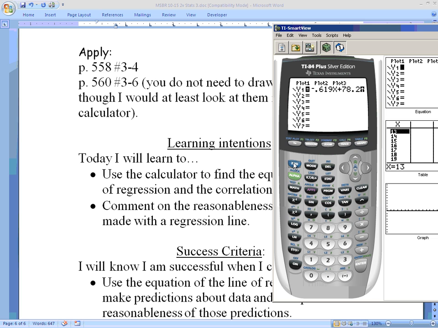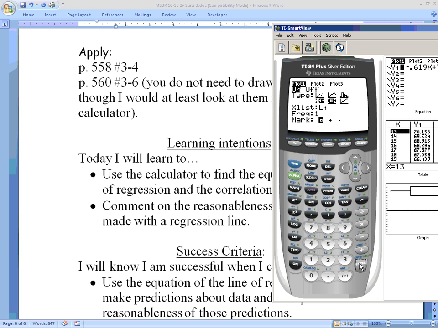If I go to second y equals now, I can turn my stat plot on. I want to make sure that the scatter plot is selected, which is the first option there. It automatically defaulted to L1, L2, which is where my data is, and I can go ahead and graph, but I should probably adjust the window first. I know that we had scores that I'll start at 0, and I think our scores were going all the way to, well, I'll go to 100.